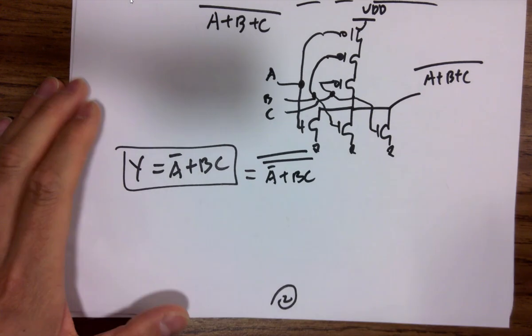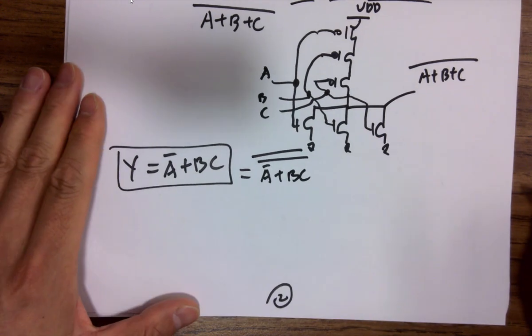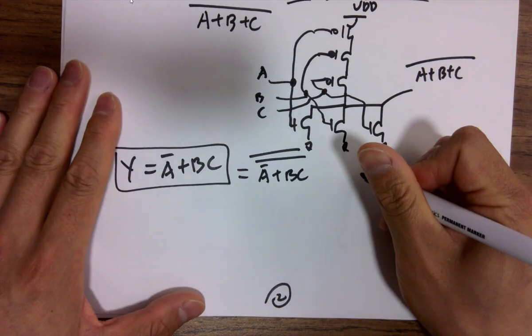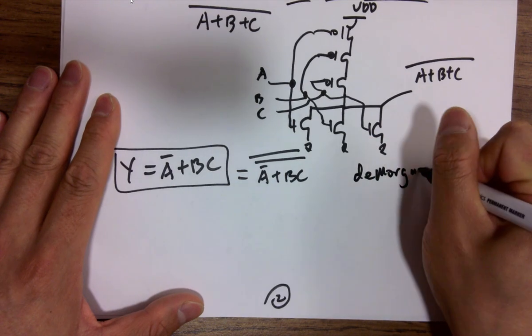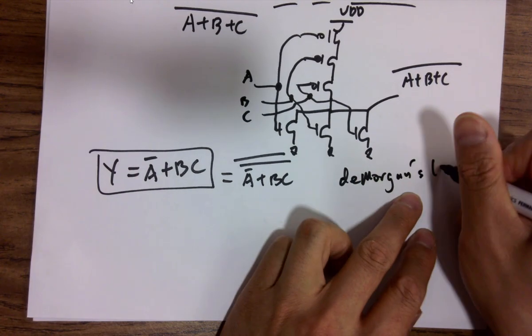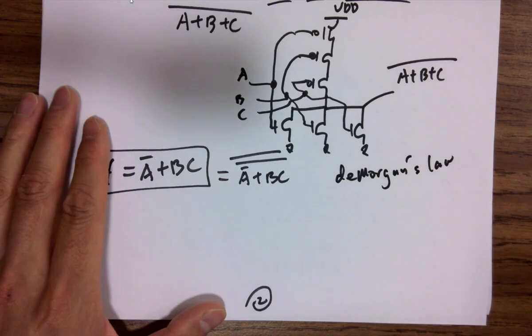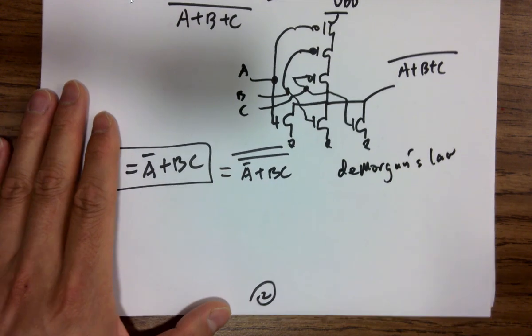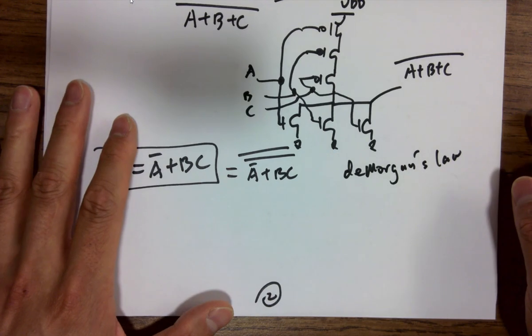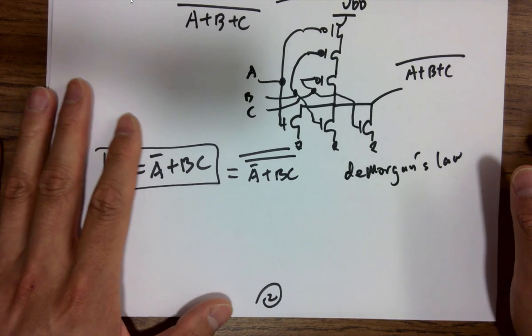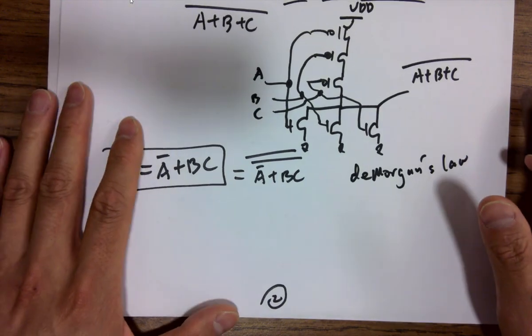Bar. Remember De Morgan's law? I forgot it. I remember. De Morgan's law is very simple. It's split the bar, change the sign, right? That's De Morgan's law. Split the bar and change the sign. That's De Morgan's law.